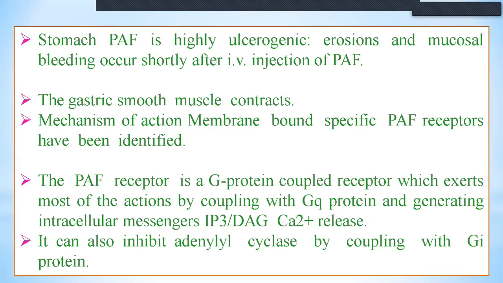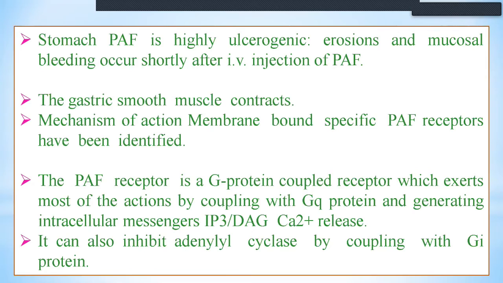The mechanism of action of the membrane-bound specific PAF receptor has now been identified. The PAF receptor is a G protein coupled receptor which exerts most of its actions by coupling with the Gq protein and generating intracellular messengers, especially inositol triphosphate, diacylglycerol and the calcium release pathway. So whenever intracellular IP3 is activated, PIP2 is broken down, diacylglycerol is activated, and intracellular calcium is increased and released.